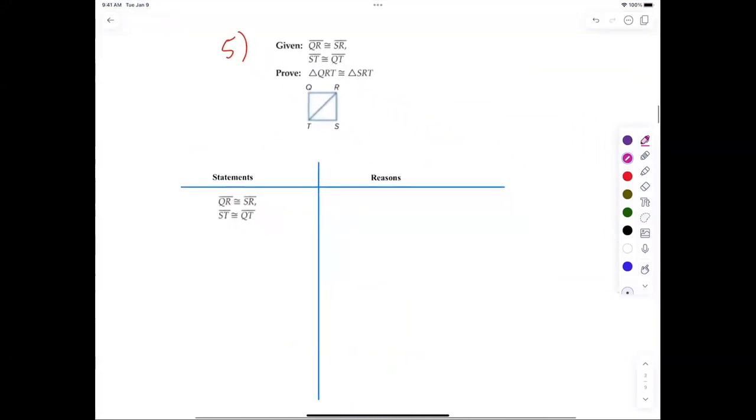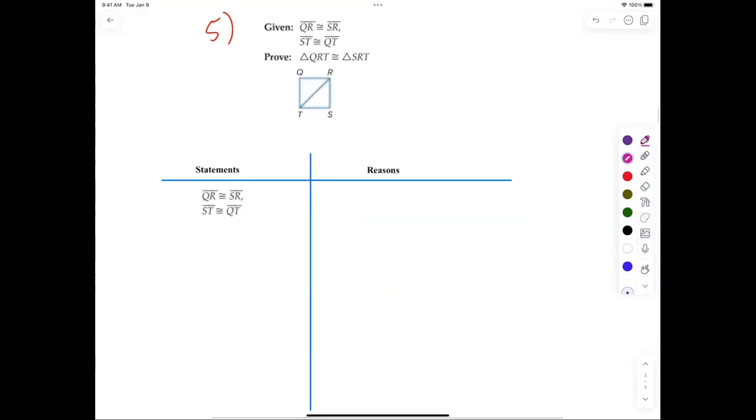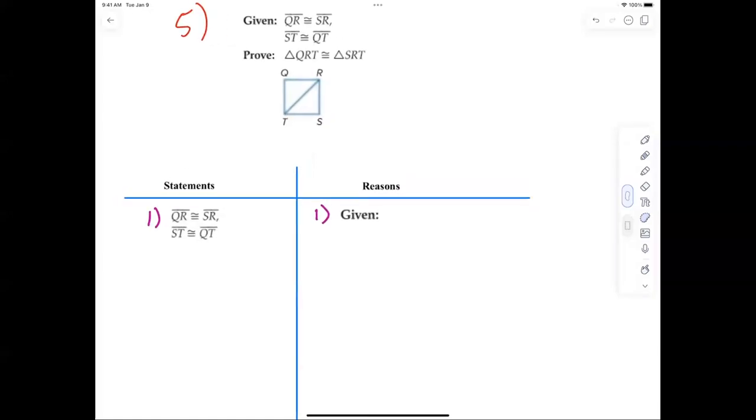For number 5. All right, one is given. Now let's go ahead and mark this figure.